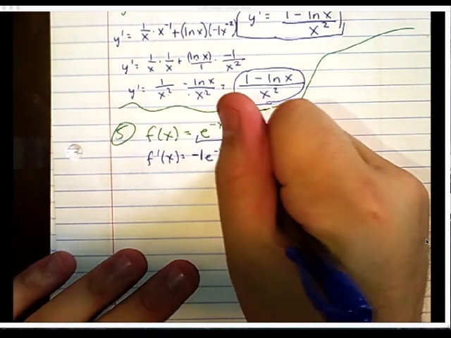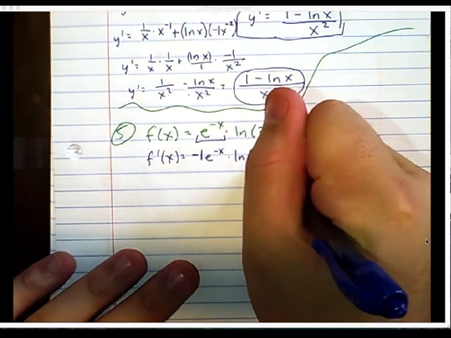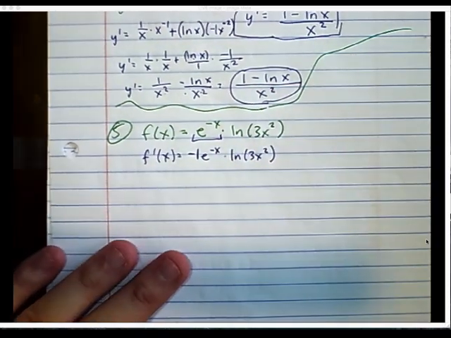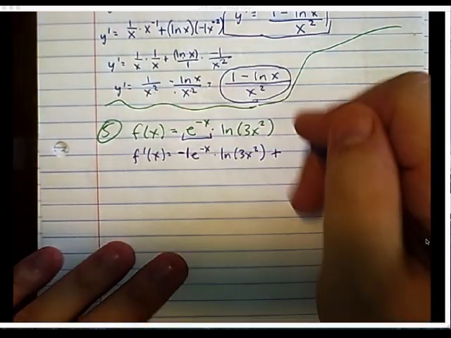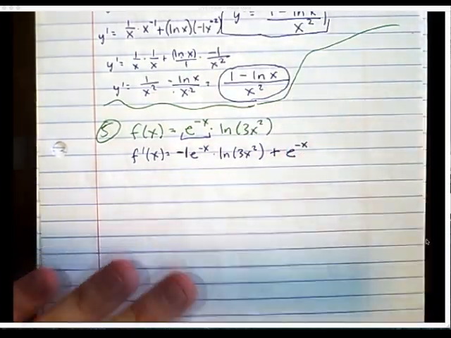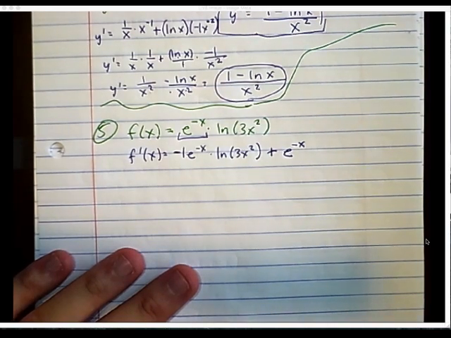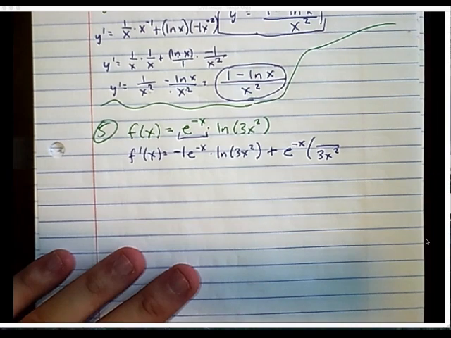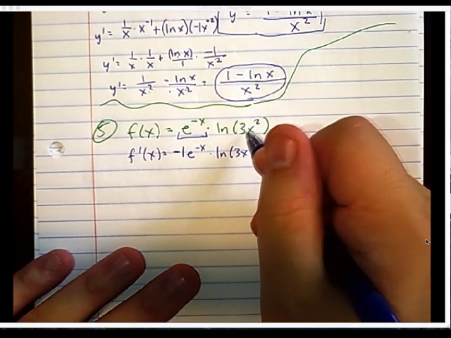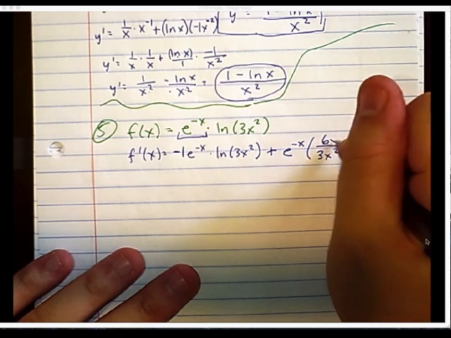Times the second term, plus the first term times the derivative of the second. So a 3x squared would be in the bottom, and the derivative of 3x squared is simply 6x.